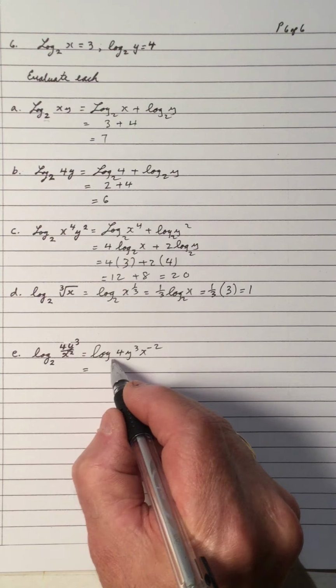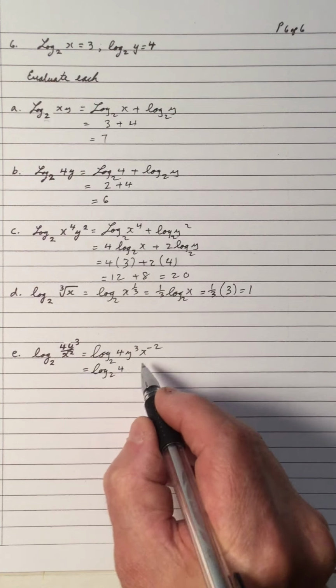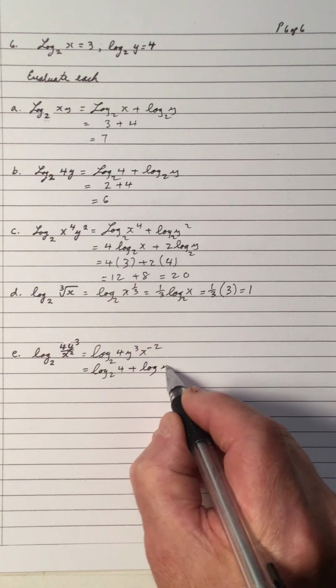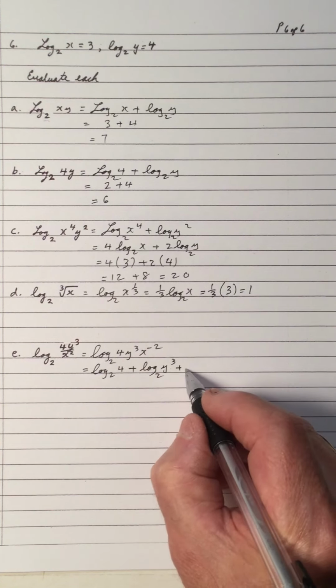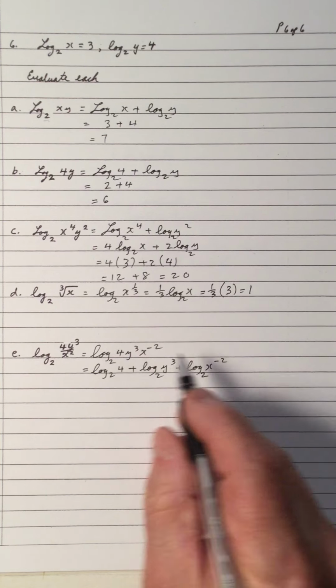Now they're all products, base 2. So this is the log of 4 base 2, plus the log of y cubed base 2, plus the log of x to the negative 2 base 2.